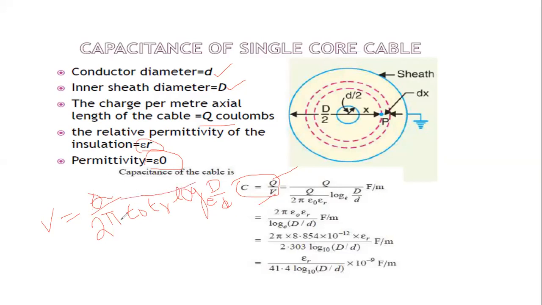Epsilon naught and epsilon r are the absolute and relative permittivities.